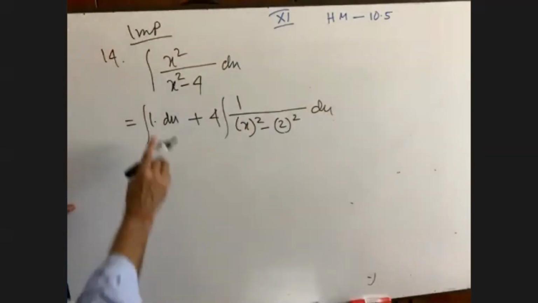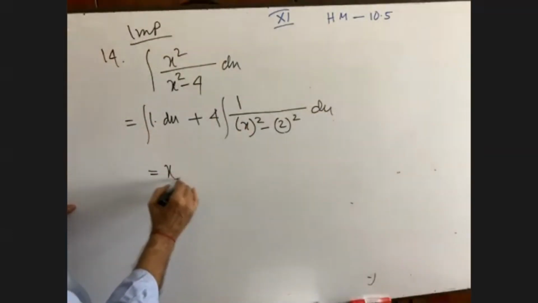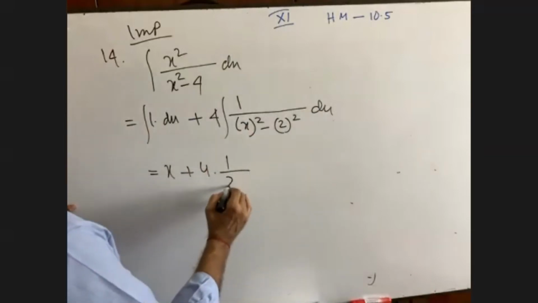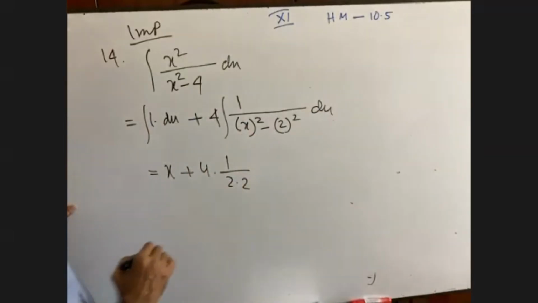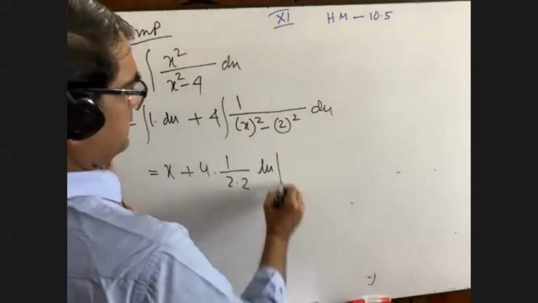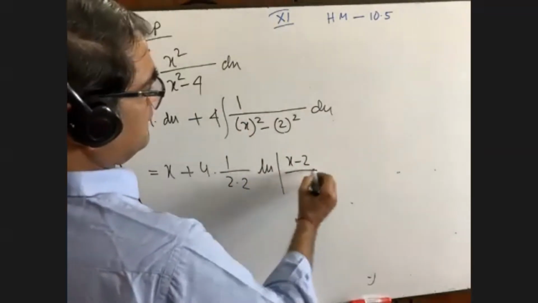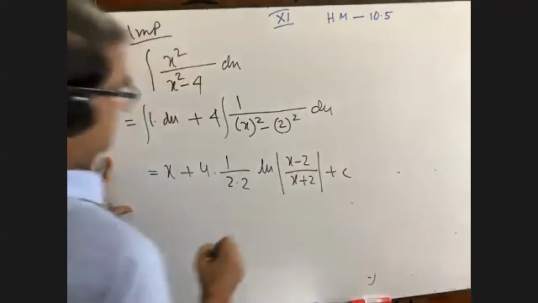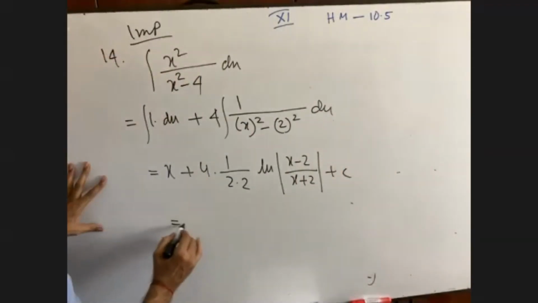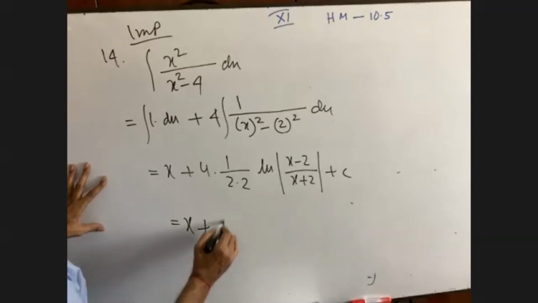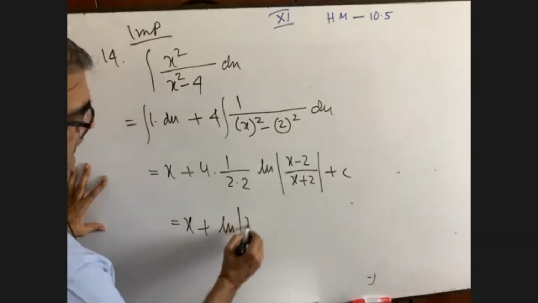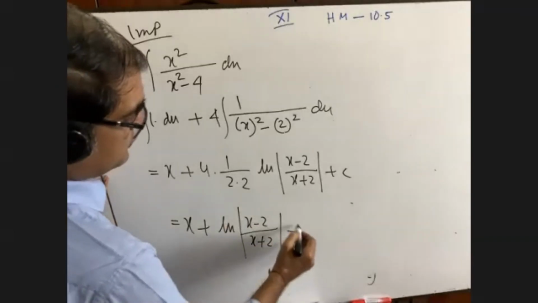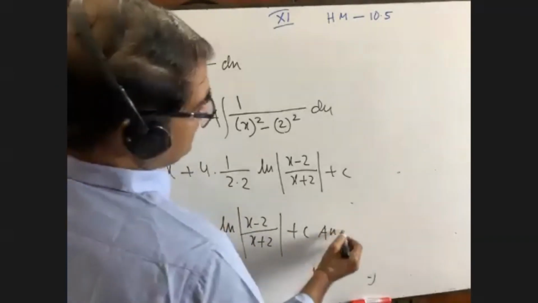Now let me know, the integration is x plus 4 into 1 by 2a, and 1 by 2a is 2 ln of x minus 2 by x plus 2 plus c. This 4 will be omitted. So we are left with x plus ln of x minus 2 by x plus 2 plus c. And it is the answer.